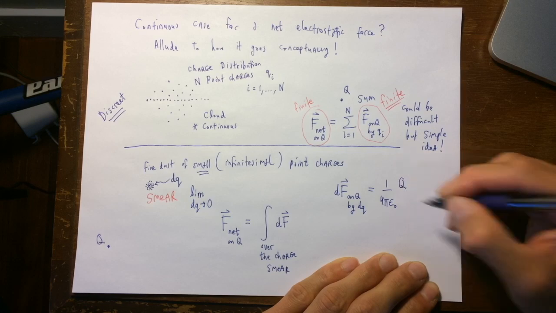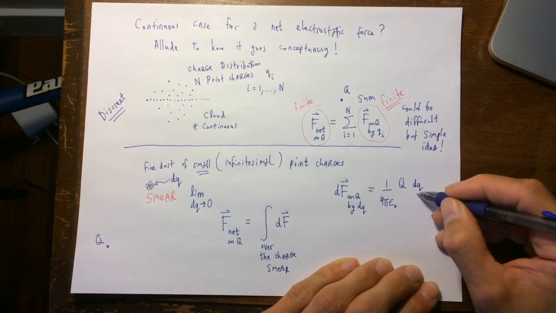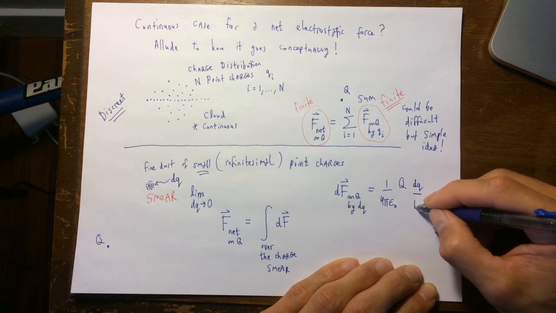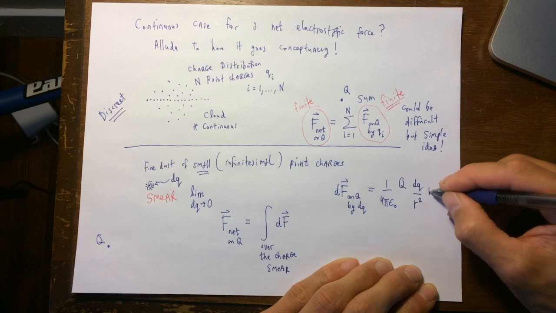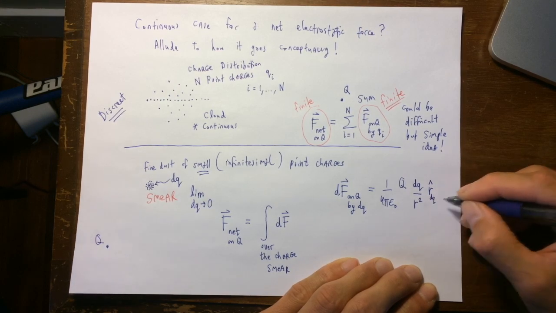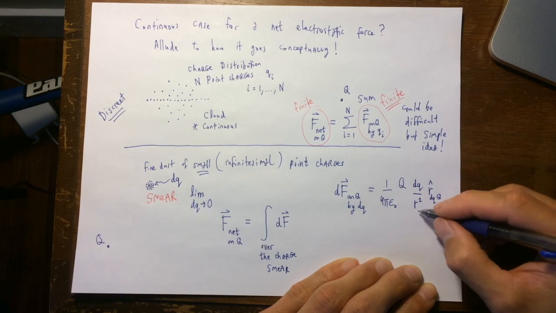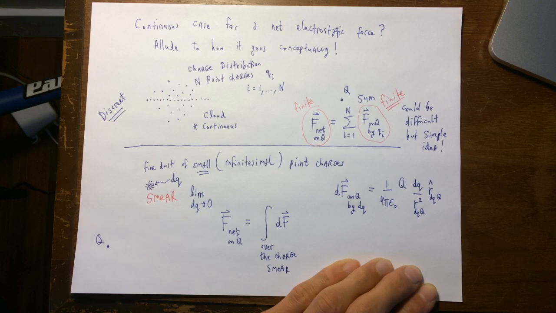The charge Q is there, but there is a charge dq, and dq is a distance r away, so you have to square that distance, and then you have to multiply by r hat that takes you from dq over to Q. And this distance is between dq and Q, the locations of the two different charges.